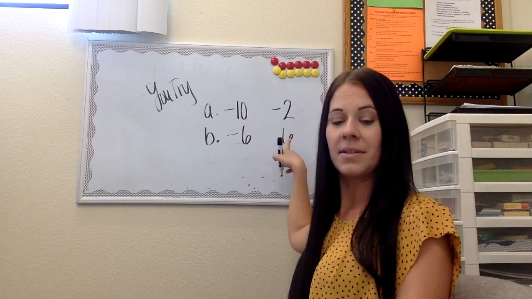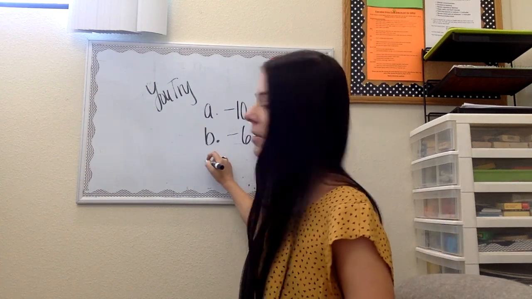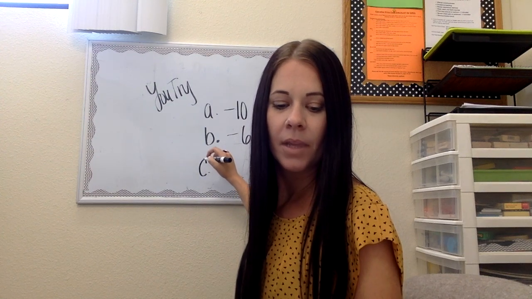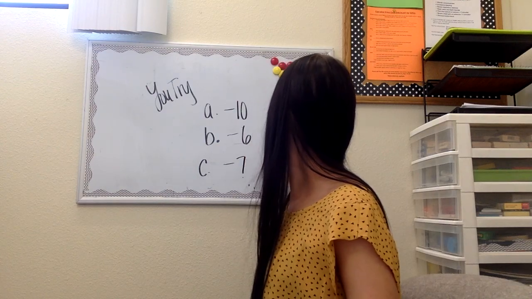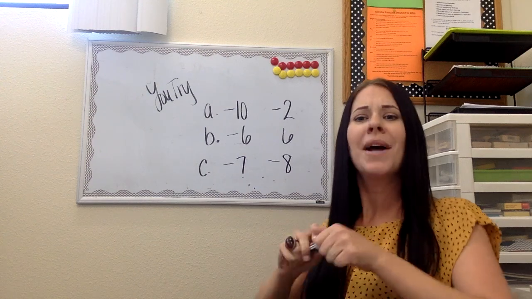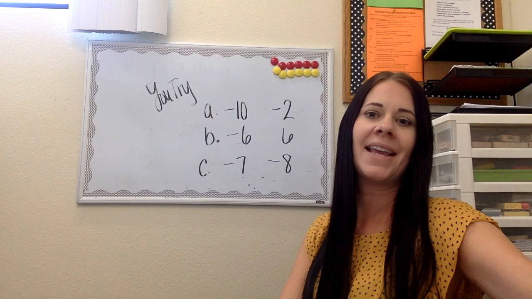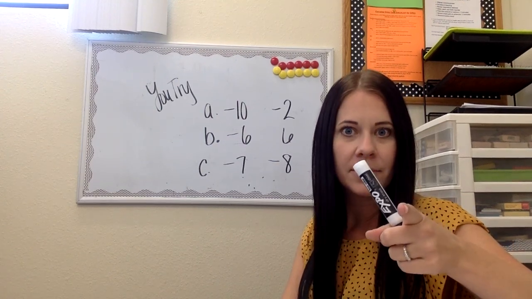Negative 6 is opposite of 6. And I want you to compare negative 7 and negative 8. Okay, so write those in your math notebook. I want you to actually try it. Turn the video off for a second. You try it. Who cares if you make a mistake? I'm going to show you the right answer in a second. So turn the video off.